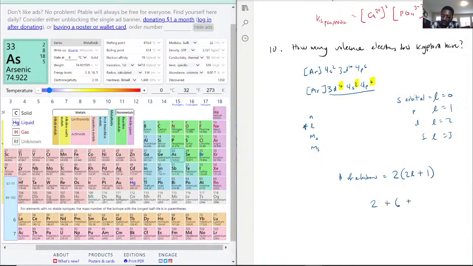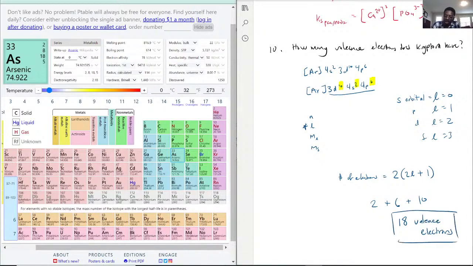Now for the d subshell, 2 times 2 is 4, plus 1 is 5, times 2 is 10. So the number of valence electrons in Krypton would be 18.